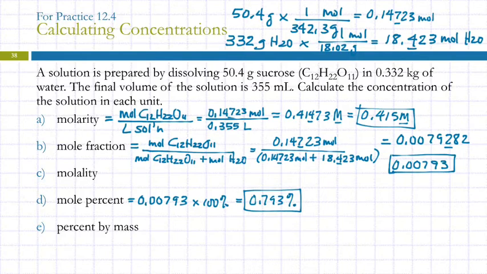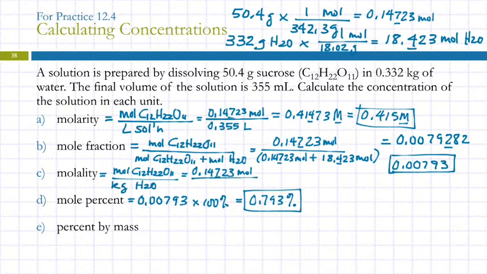Now let's back up and do molality. Molality is what? Moles per kilogram of solvent, right? So we want moles of sugar per kilogram of water. Not the whole thing, just the water. Well, we have this information. We've got moles, 0.14723 moles.